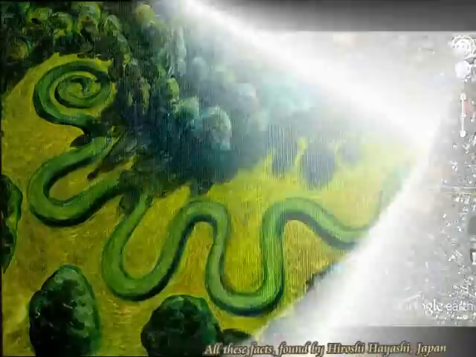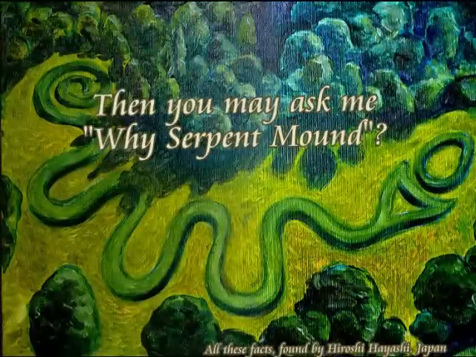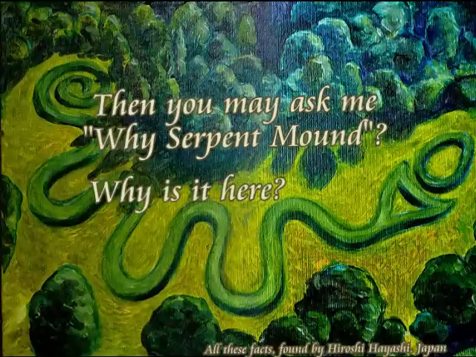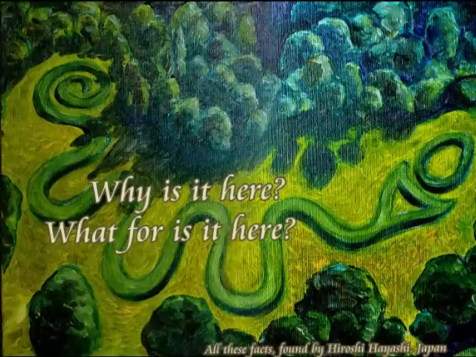Sorry for my poor English. And this is the Serpent Mound, and you may ask me why Serpent Mound is here. This is a sort of landmark which shows the direction to each major foothold of the world. Why is it here, and what for is it here? Here's my answer.